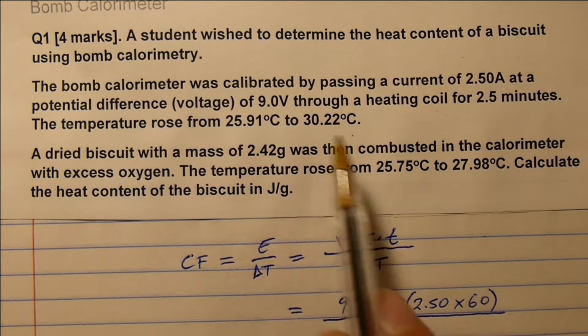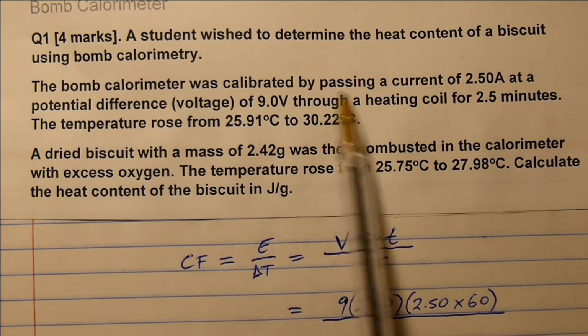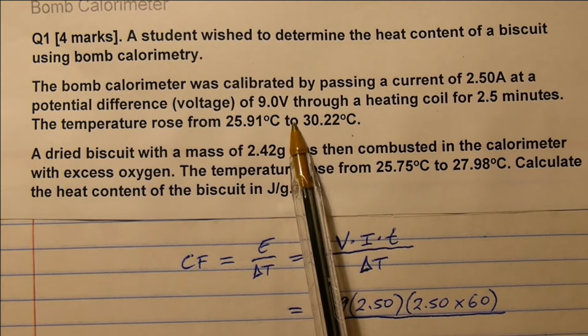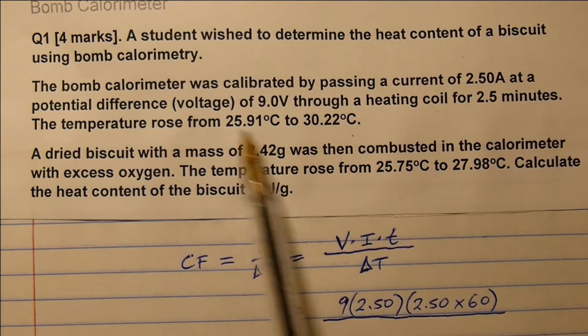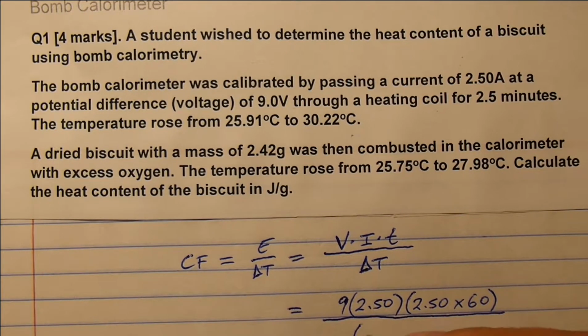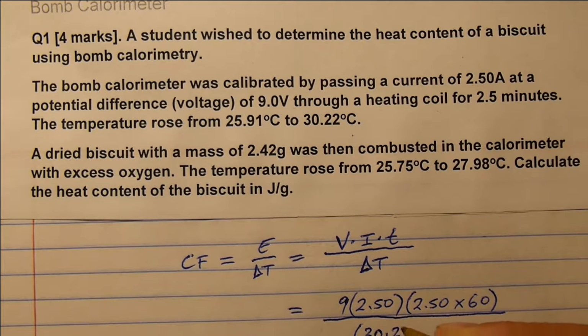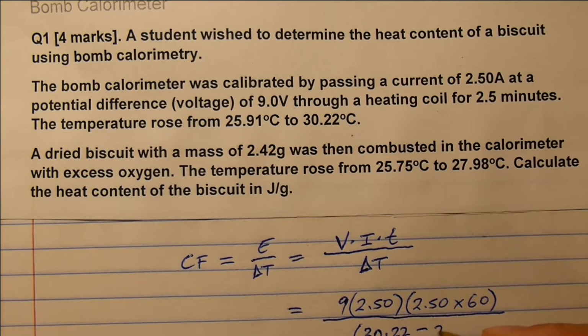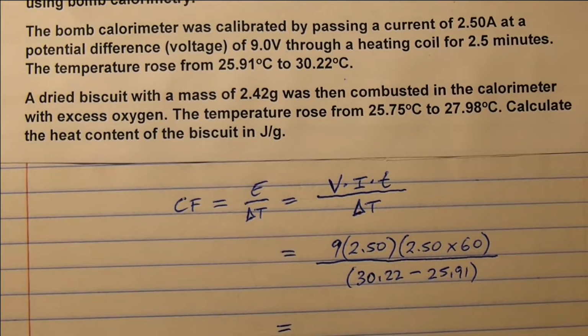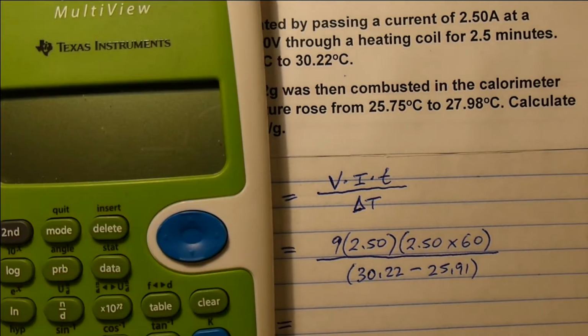And my temperature differential, don't get confused here, we are taking this temperature rise, not this one. We have to do the calibration first, so that's 30.22 minus 25.91. Okay, sorry, you didn't see that. So I'll just punch that into the calculator.